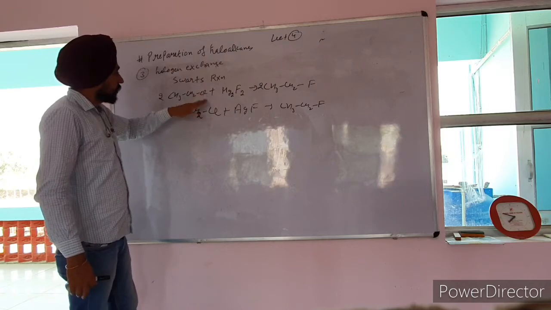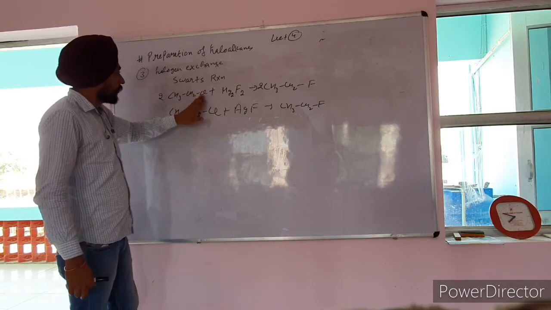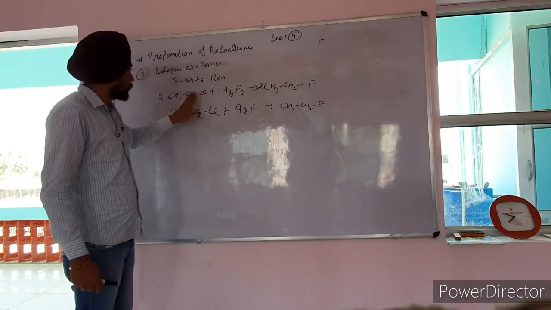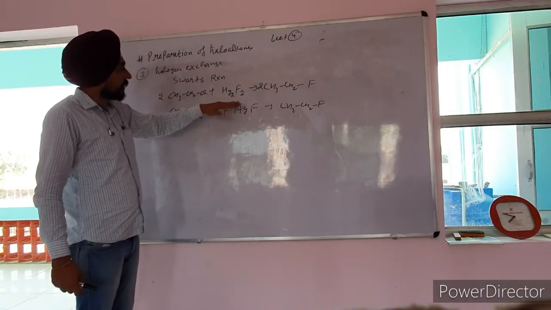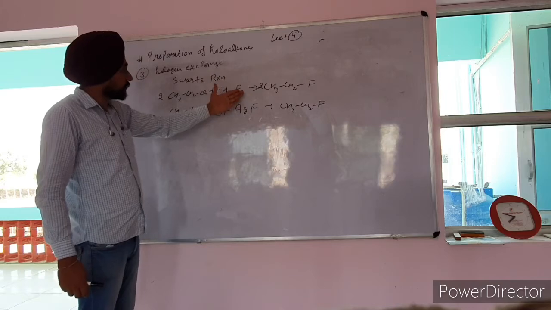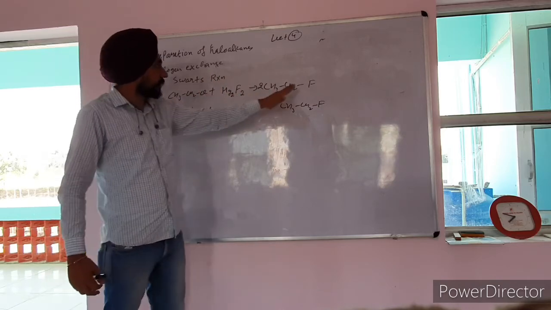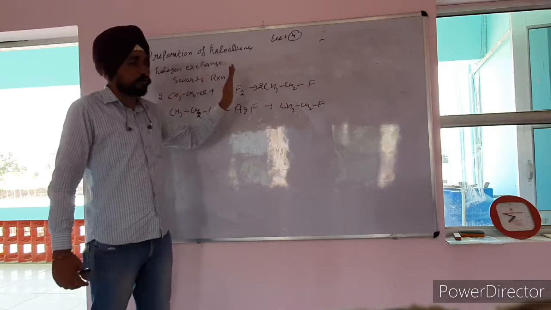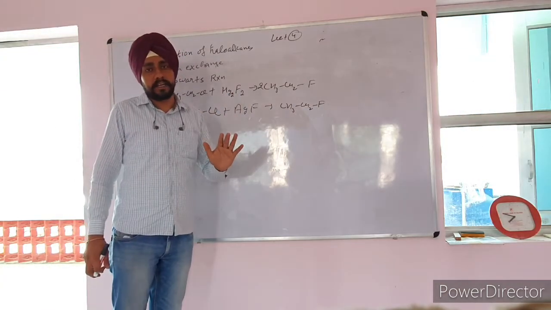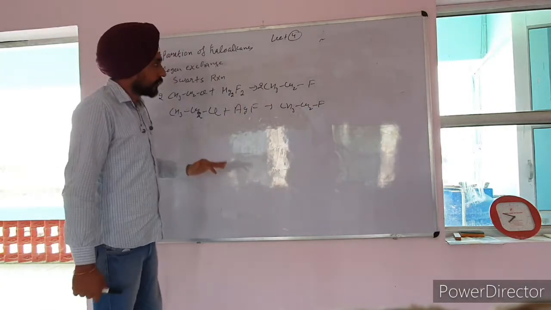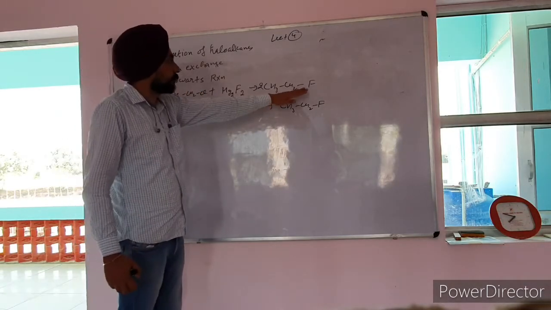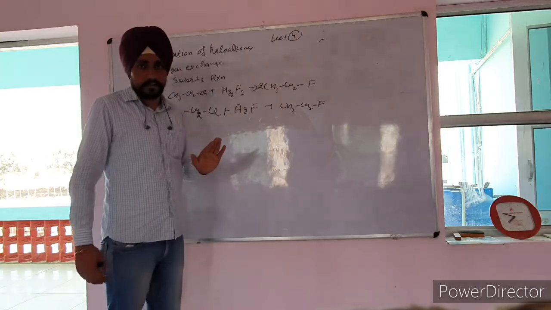It may be bromine, iodine, or chlorine present with an alkane, and the fluorine will exchange this halogen atom and make the haloalkane. This is the only reaction you see of fluorine to make haloalkane compounds in this chapter.